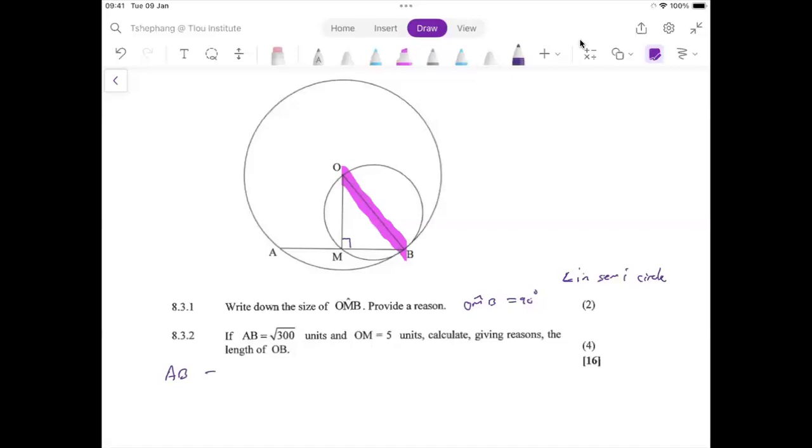So AB is equal to 300. We can use Pythagoras because we know that OM is 5. We know that MB is equal to half of AB. So half of 300, root of 300. Calculator work, that should give us 5 root 3. Please correct me if I'm wrong.